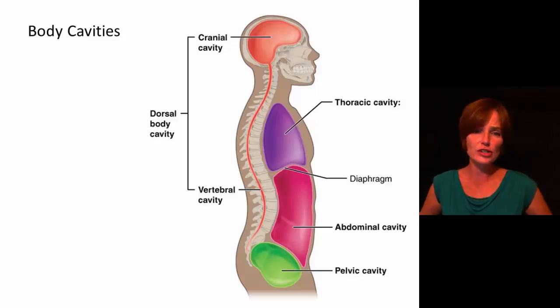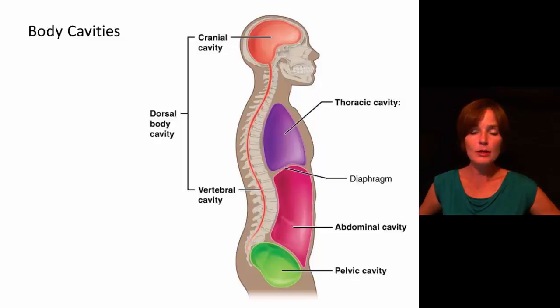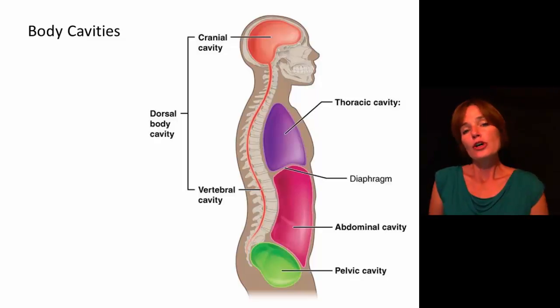So if you just feel your stomach, you can feel that it's kind of squishy, and that's the susceptibility of the organs, okay? Because again, there's no bone structure that's specifically covering those up. The pelvic cavity does have some protection from the pelvic structure, and we do have certainly some organs that are located in that region. Those are the main large body cavities.